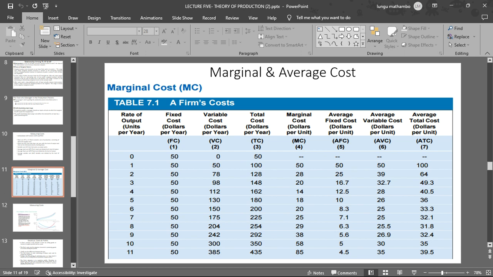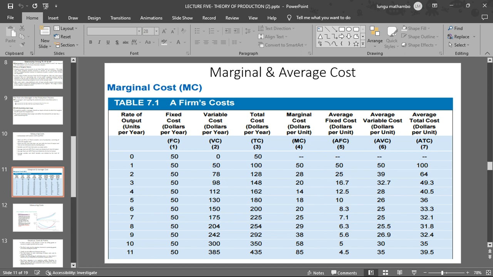Remember, we said that marginal cost is the change in cost as a result of a change in output. So as we are increasing an extra unit of output, how does this extra unit affect our cost? That is the marginal cost.